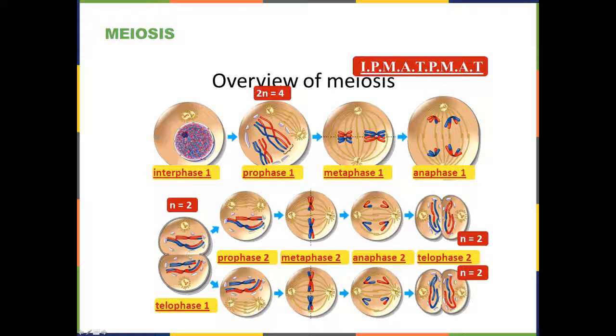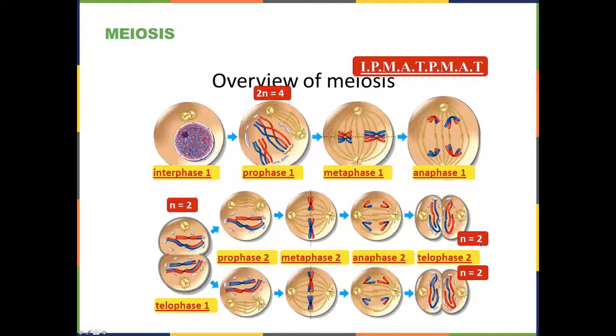Here's one homolog of the pair, and here's the other homolog of the pair. Then they line up again, and they're separated again, and the duplicated chromosomes are then separated. And so you end up with 4 cells that each have its own single chromosome here and single here.